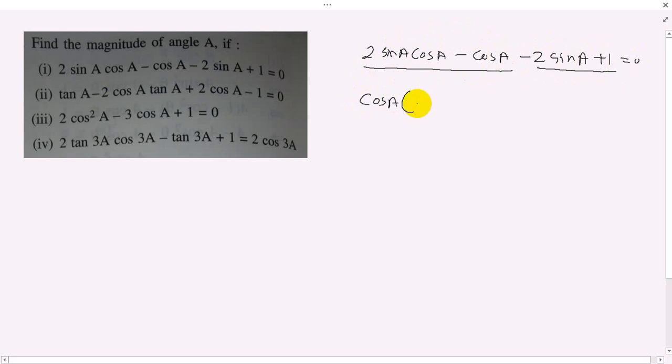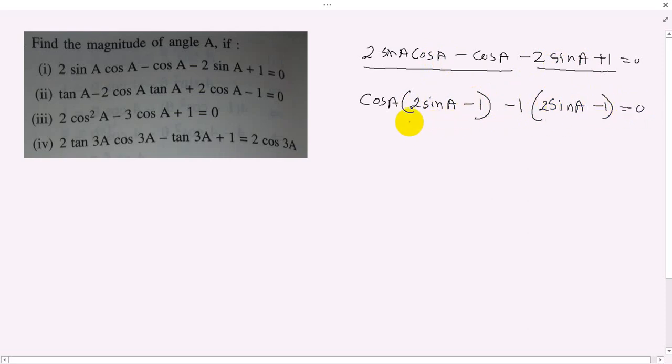So what is left in the bracket? 2 sin A minus 1. Similarly, in the other two nothing is common, so we take minus 1 common. So it would be 2 sin A minus 1 is equal to 0.